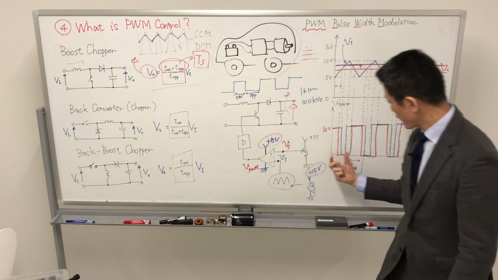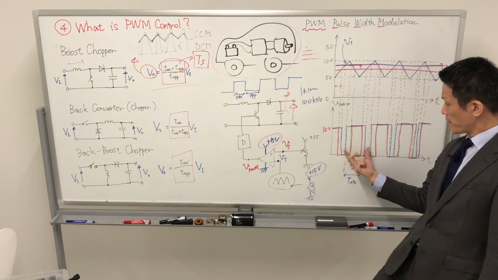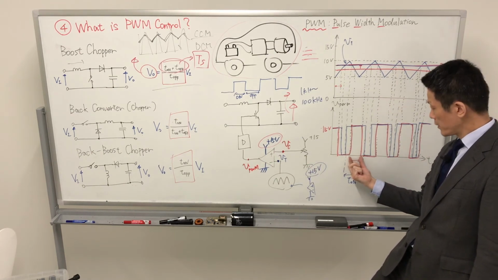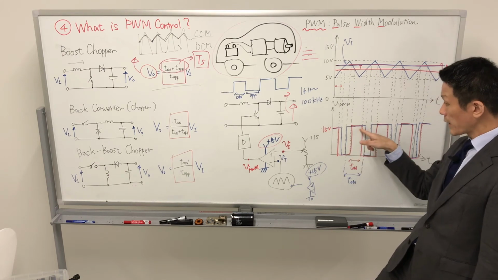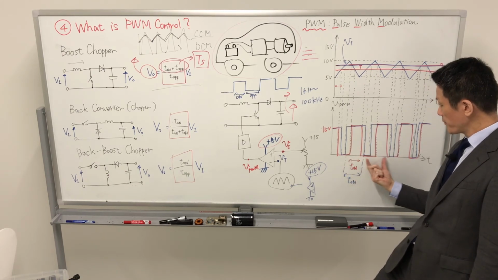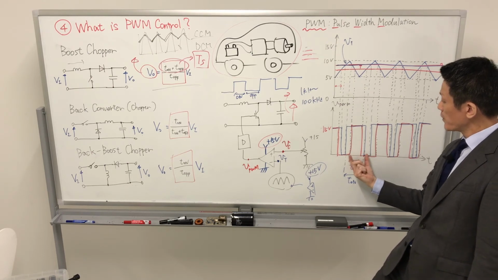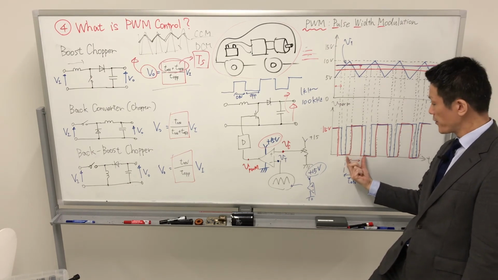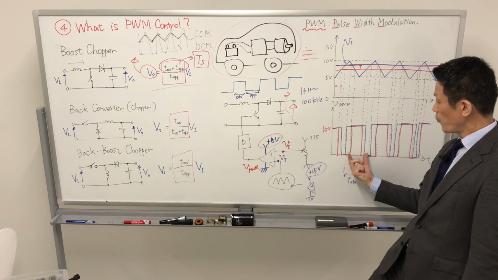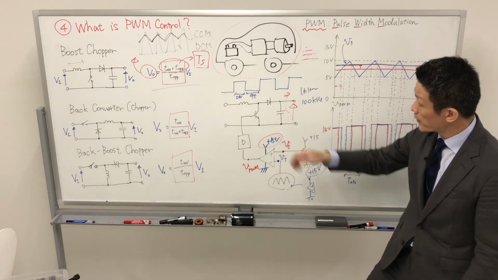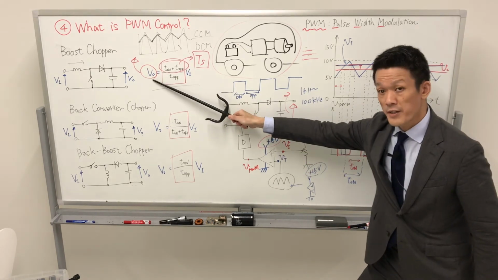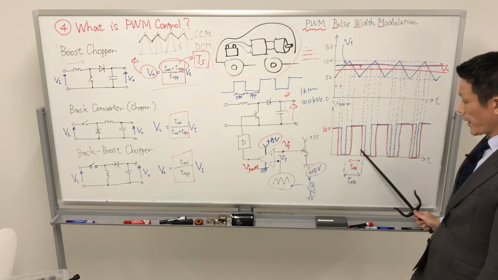That timing is changed, the pulse width. The turn on term, the pulse width, is changed. That is modulation. We can control the output voltage. Okay?